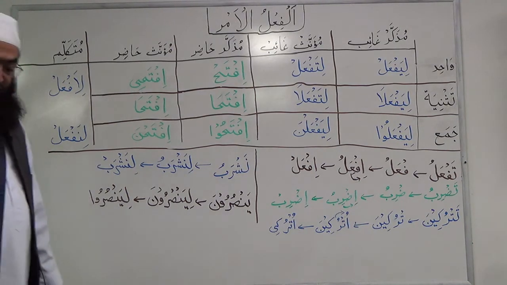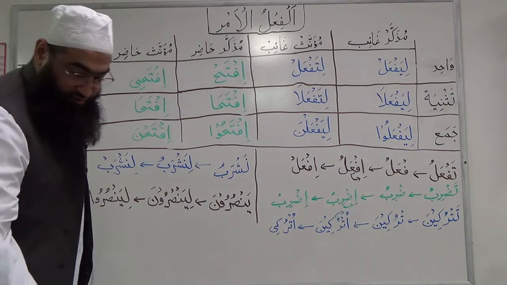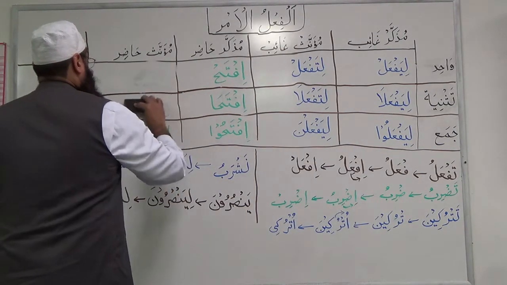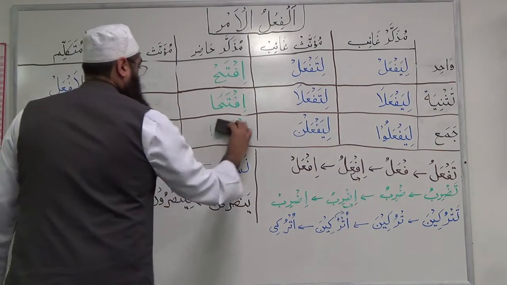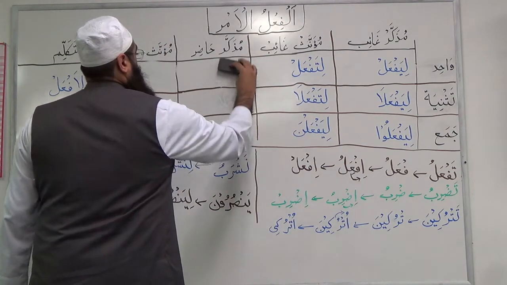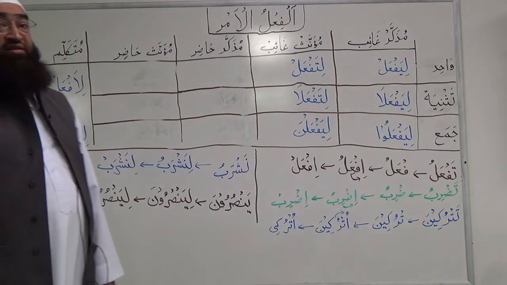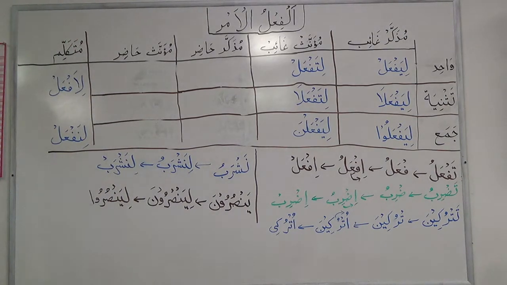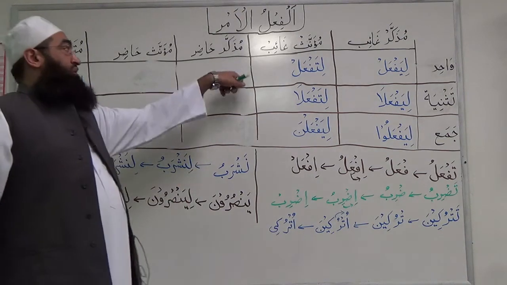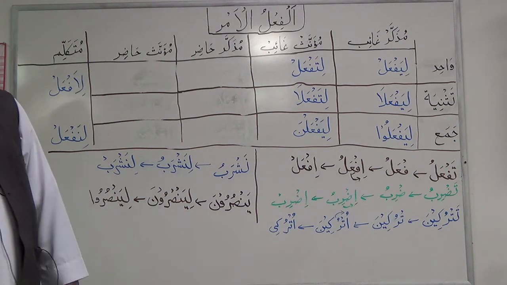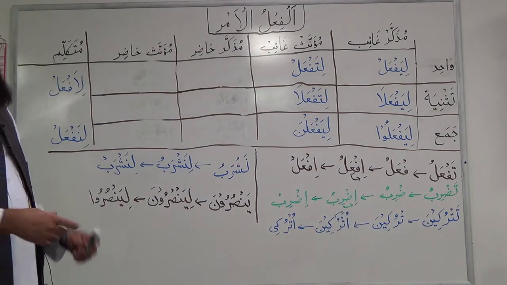So, yaksibu. The ayn kalima has a kasra, right? So the alif, or the hamza of amr will also have a kasra. So you one man, earn. How would you say it? Iksib. Good.